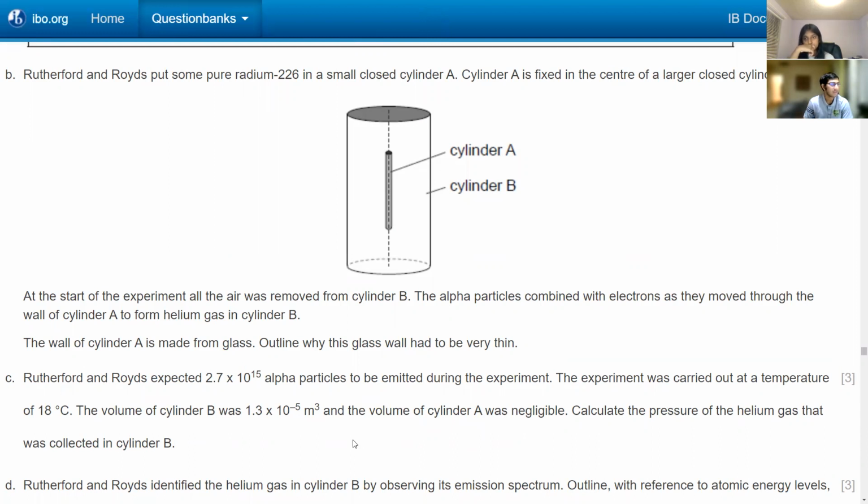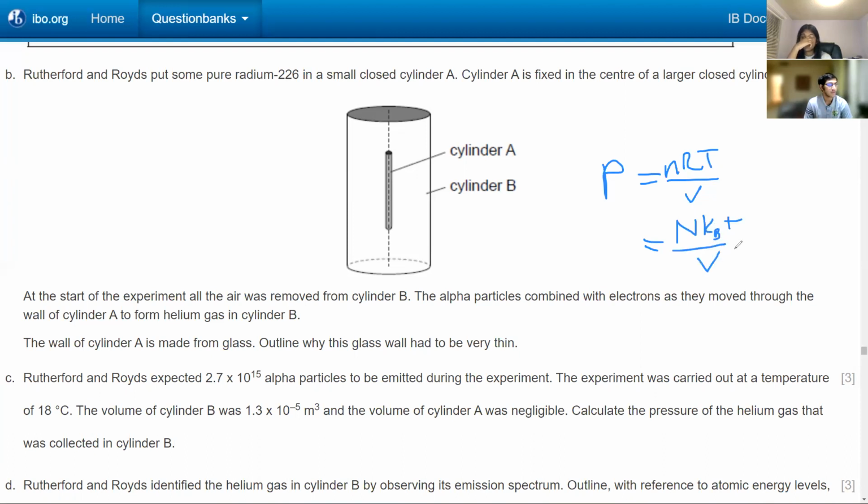Calculate the pressure of the helium gas that was collected in cylinder B. This is PV equals nRT, so P equals nRT over V, which is the same as using N k_B T over V. I would use N k_B T over V here.